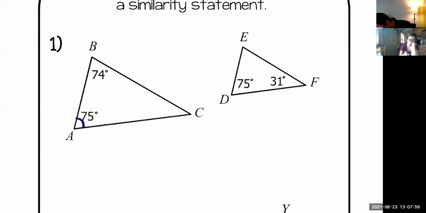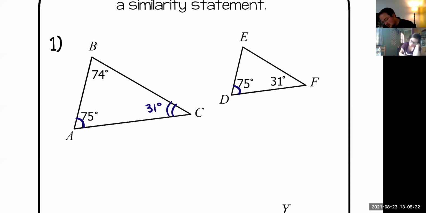Okay, so you're looking at triangle ABC, 75 and 74 together gives you 149. We're going to subtract that from 180, and you get 31 degrees, so this missing angle right here is 31 degrees, which at that point I can stop.